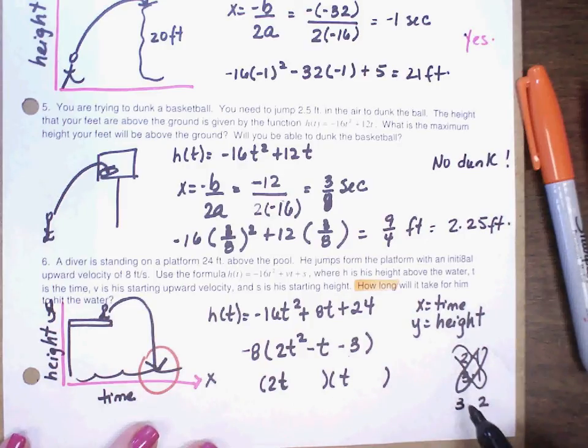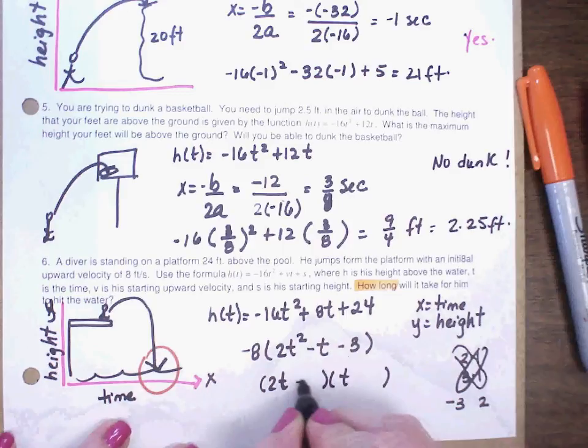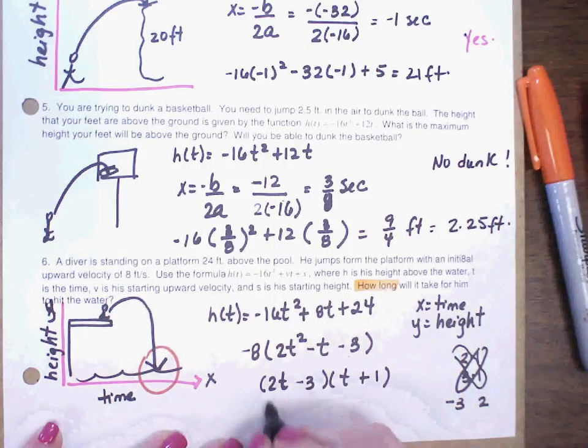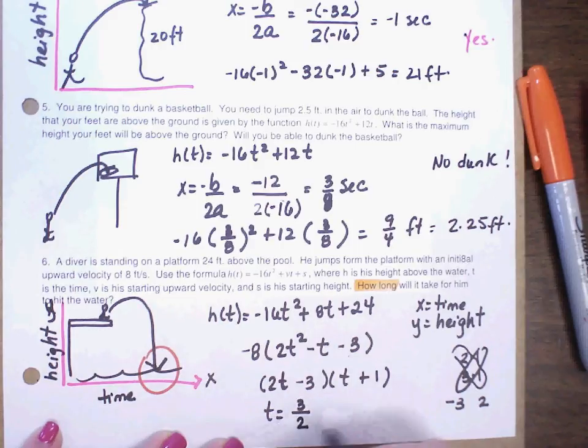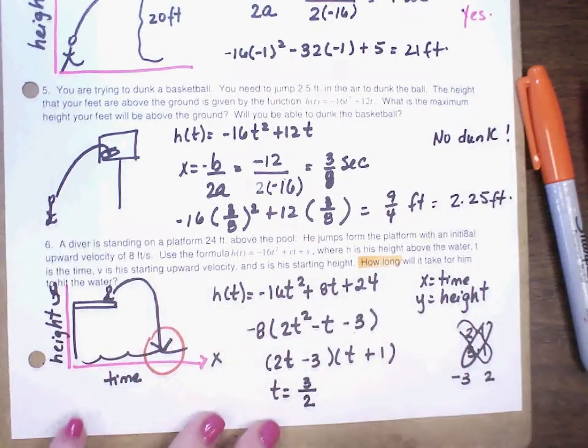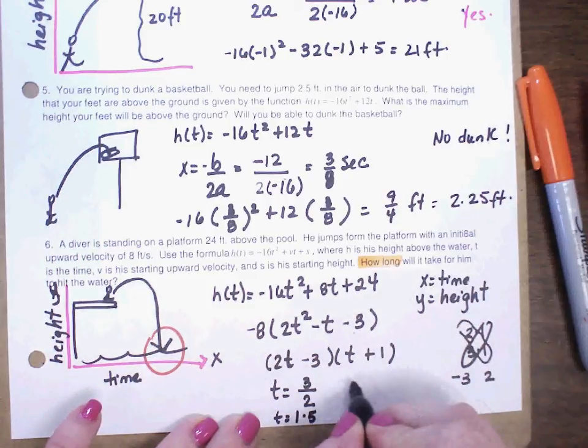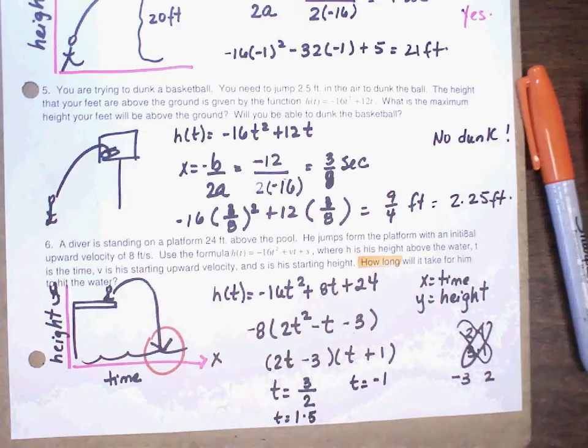The 2 and the 3 are not multiplied together, so they need to be in the same parentheses. So minus 3 and plus 1. All right, so t equals what? 3 halves, which is 1.5, and t equals negative 1. Which one are you using? The 3/2, or 1.5. Very good.